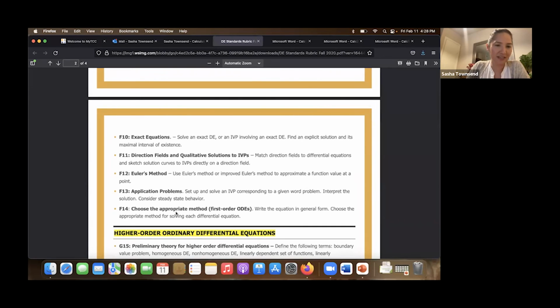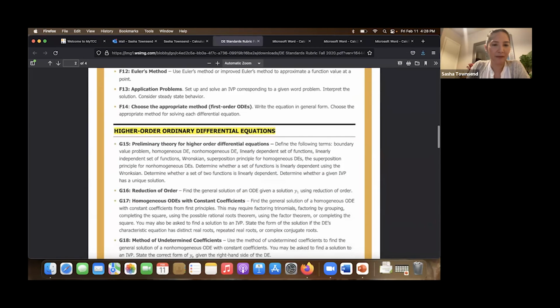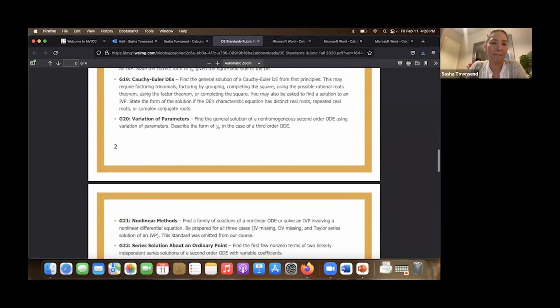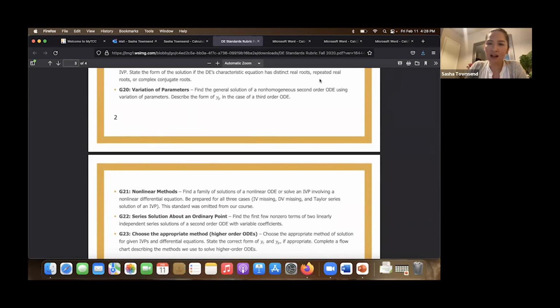And then I always have a standard that's choose the appropriate method for each of them. But this document tells them what's expected of them. If you can do everything in this little paragraph, then you'll probably do well on this preliminary theory for higher order differential equations, for example. So it makes all of the expectations very clear.